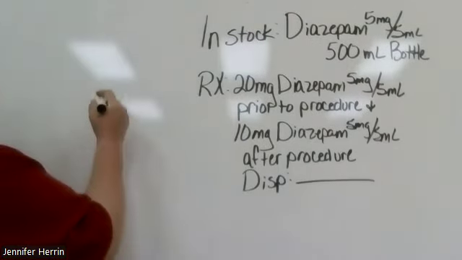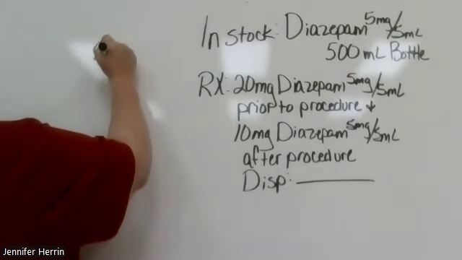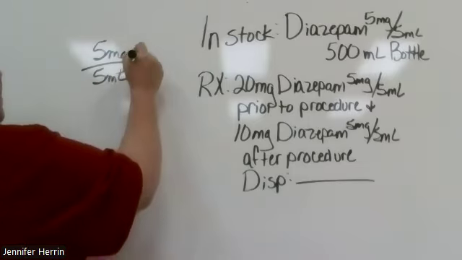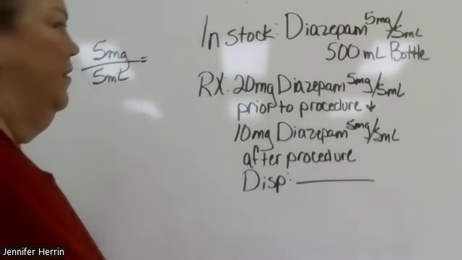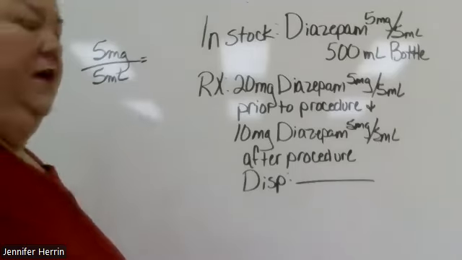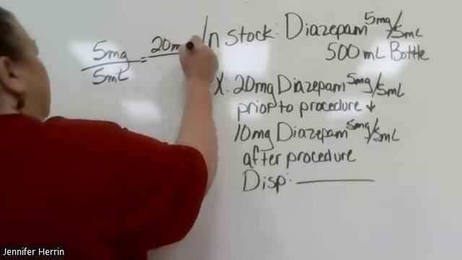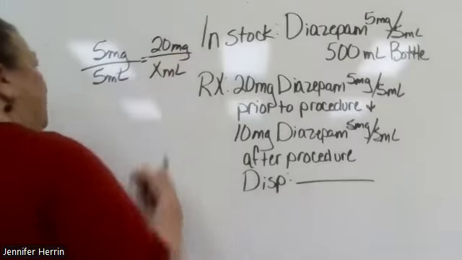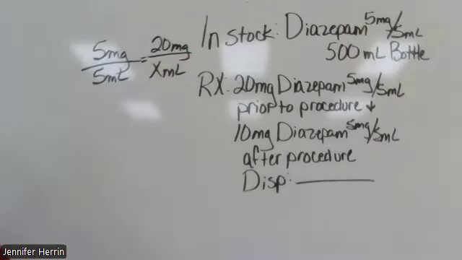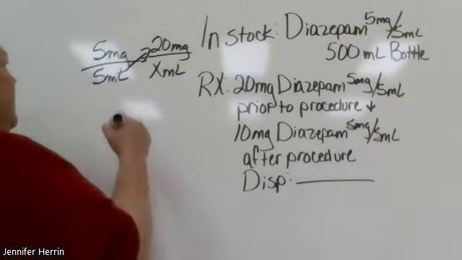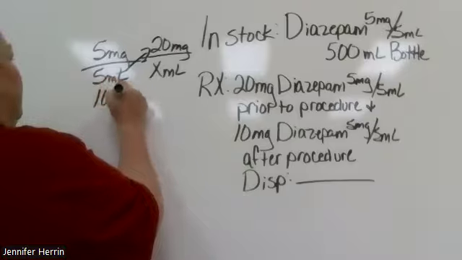I like to start with what I have. My order calls for 20 milligrams. So I'm trying to find out what volume it will take to achieve that dose. So I have this equation. We're going to cross multiply. 5 times 20 is 100.